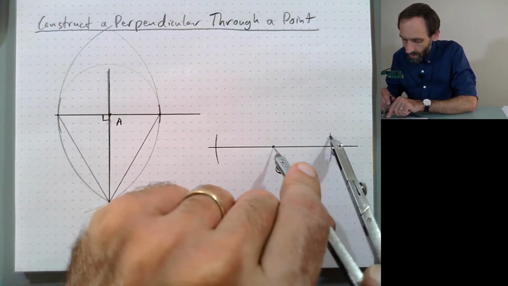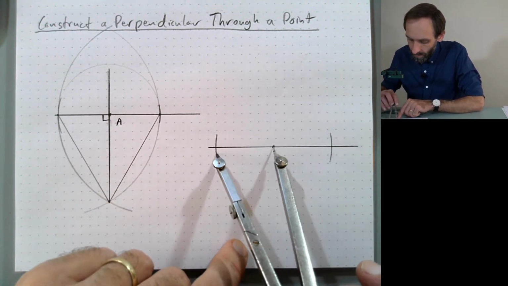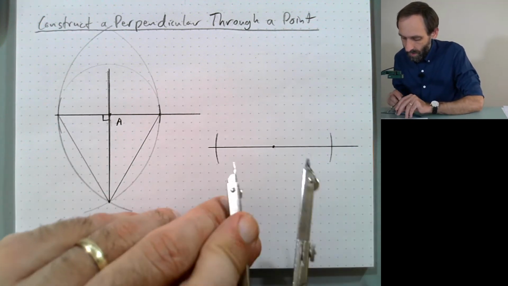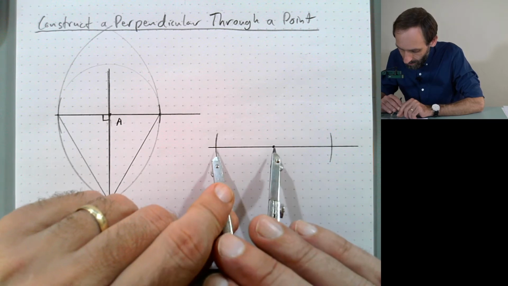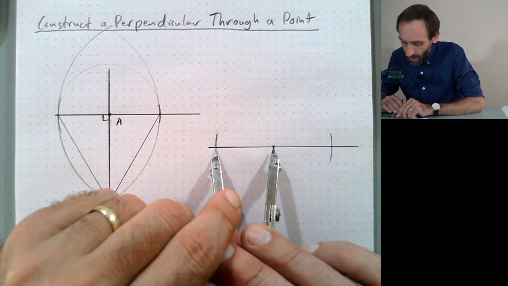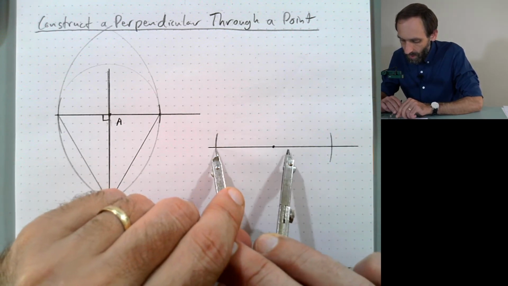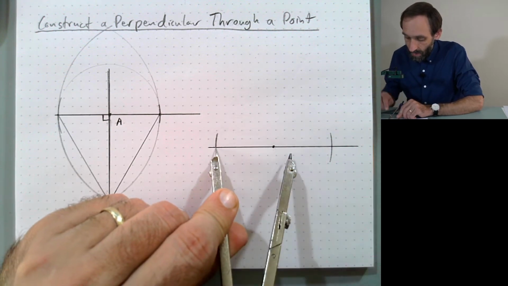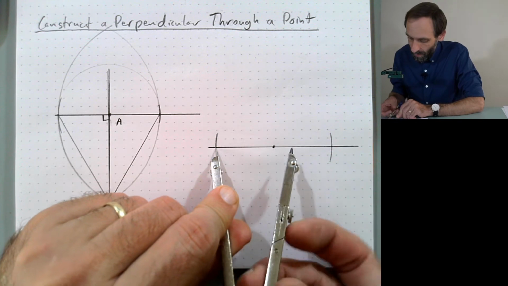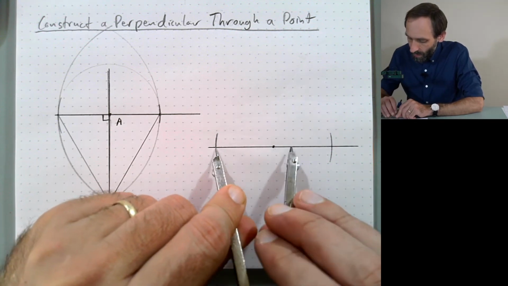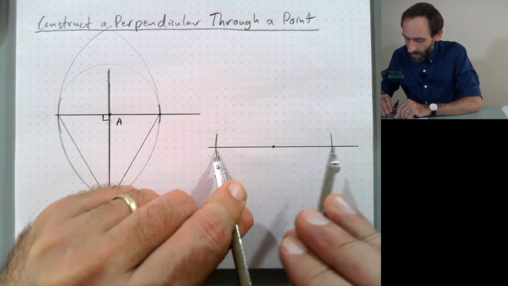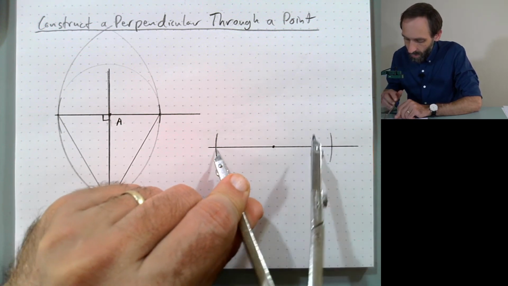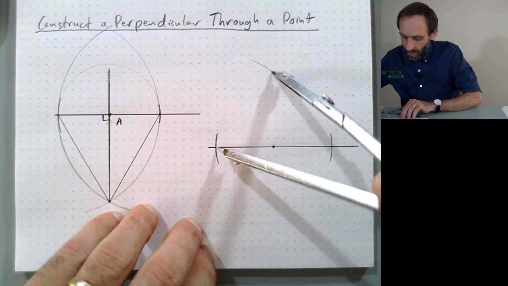So we draw our 2 arcs just like we did in the last one. Okay. Now this particular construction, all we have to do is we go to one of those intersection points, we make the compass a bit longer than the distance from the intersection point to the point we're trying to draw a perpendicular through. We can pretty much pick any setting in here. It doesn't matter too much.